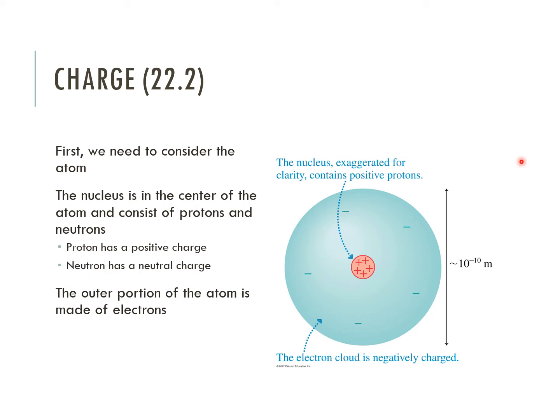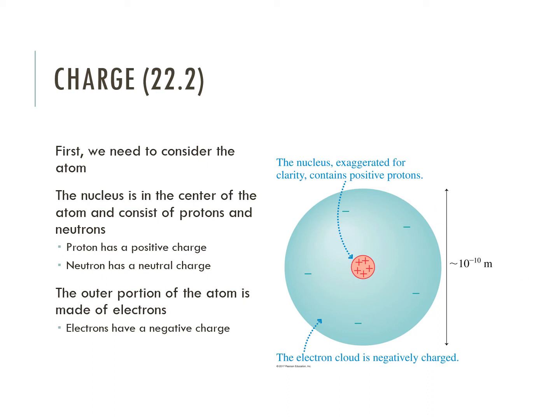The neutrons are neutral and they are not represented when it comes to charge because the neutron itself does not have charge. The outer portion, we have the electron. The electron has a negative charge, and that is why we use the negative symbol to represent the electron.